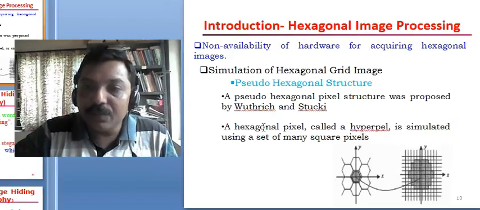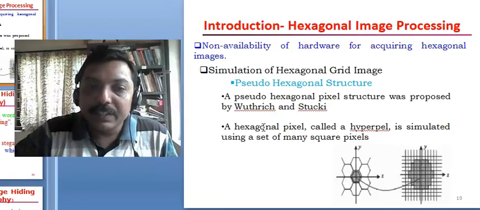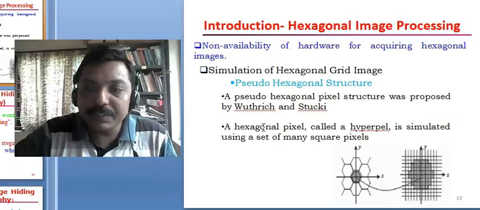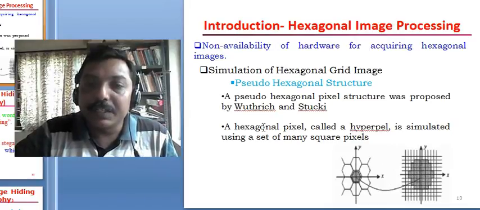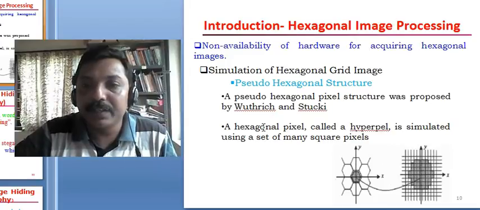Therefore, for performing an image processing application in the hexagonal domain, we need to resample or convert a square-shaped pixel image to the corresponding hexagonal domain.